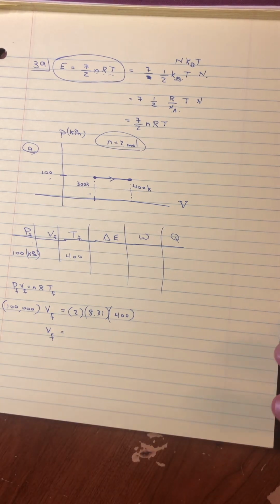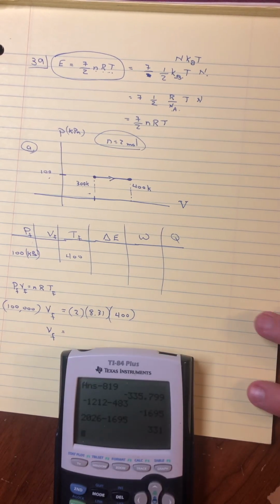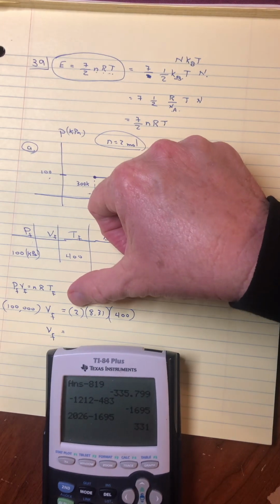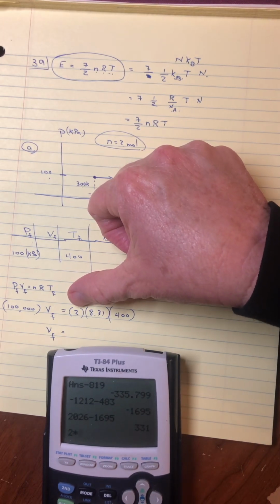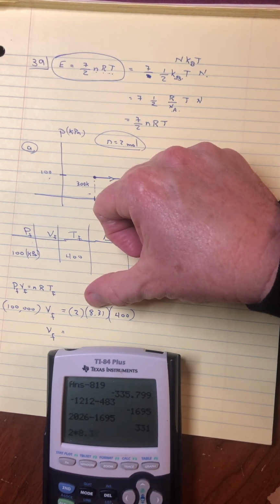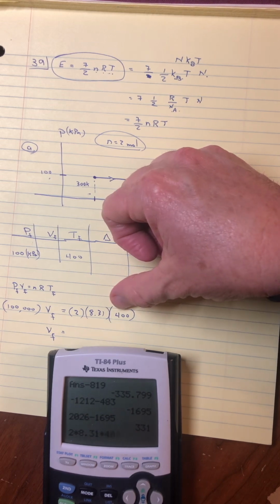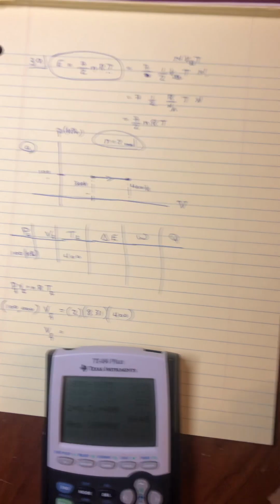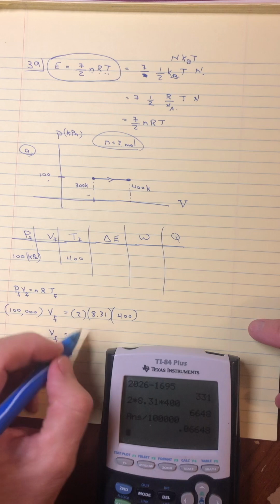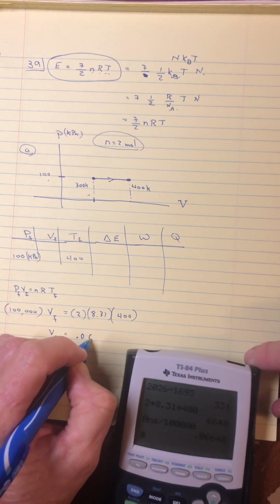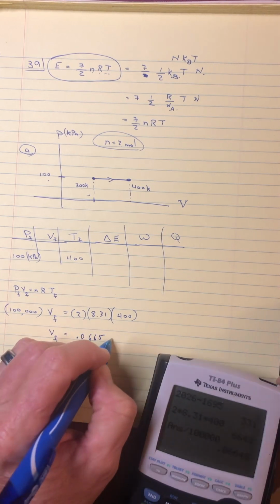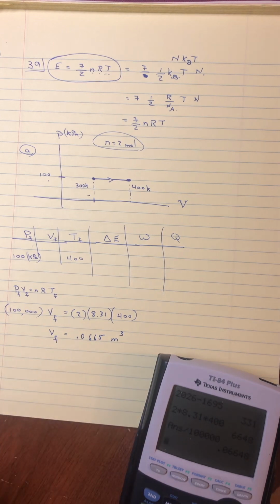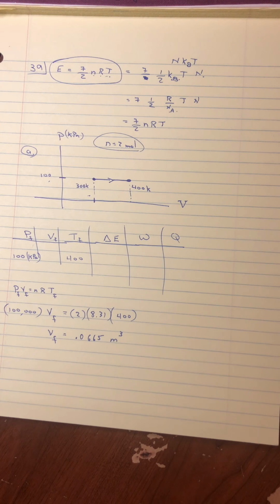So looking at the volume, I would have a 2 times an 8.31 times a 400. And then if I divide that by 100,000, I get a volume of 0.0665, and of course I did everything in joules and pascals, and so I'm going to get cubic meters here.